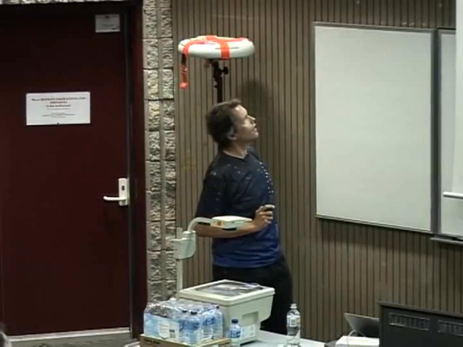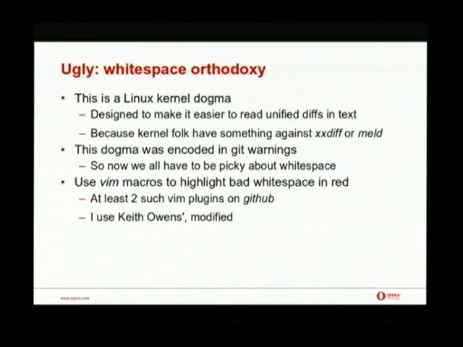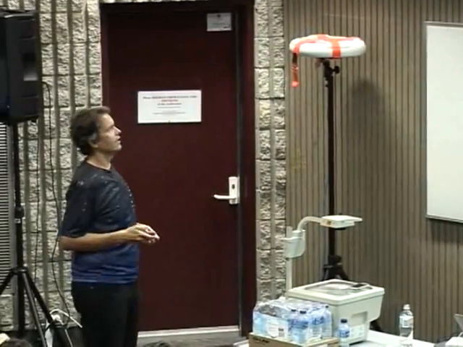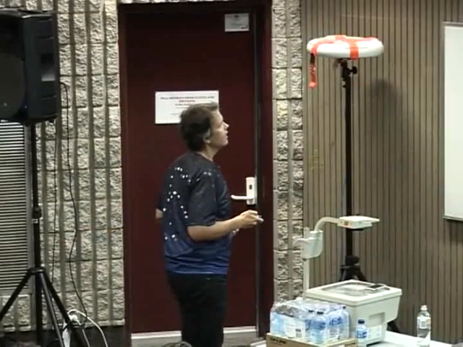Okay. Whitespace orthodoxy. This is a matter of taste. There's this thing with the Linux kernel where they don't like patches that add weird or bad whitespace, and there are several different definitions of what bad means, which is really a coding standards issue.